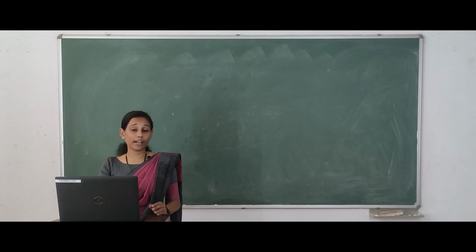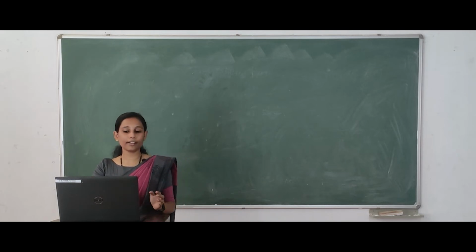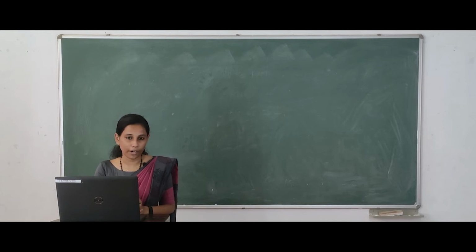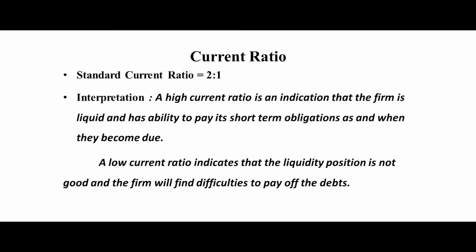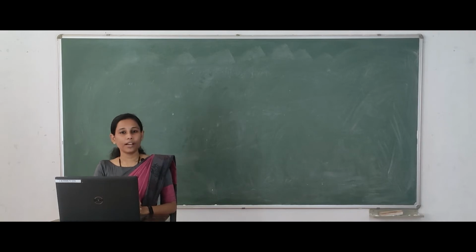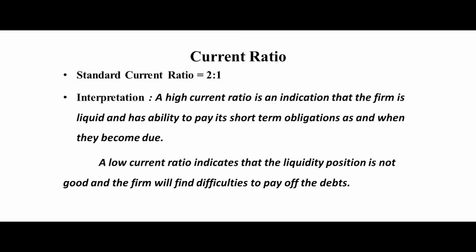Let's move on to the current ratio. The standard current ratio is 2:1. That means current assets are 2 and current liabilities are 1.